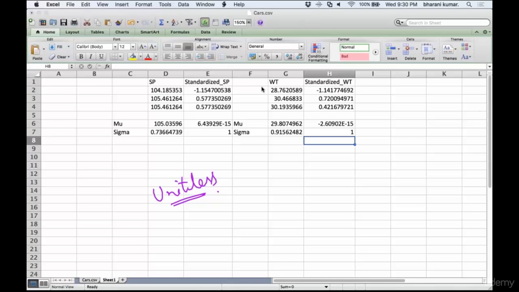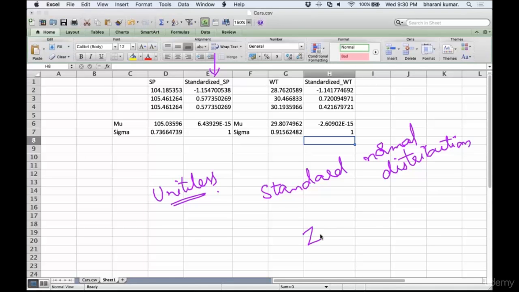Since you're standardizing the data, the name given to this distribution, if you plot a distribution for this, is the standard normal distribution. This standard normal distribution is also called the Z distribution. These are all probability distributions, right? It's just given the name Z distribution because the formula is x minus mu over sigma.